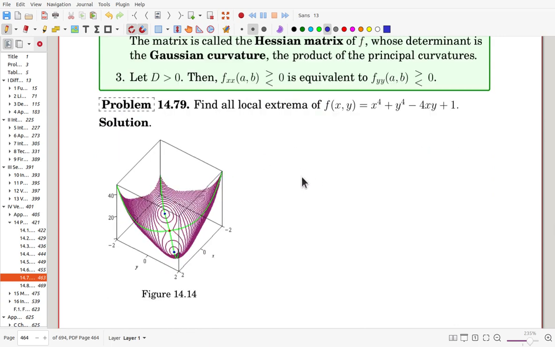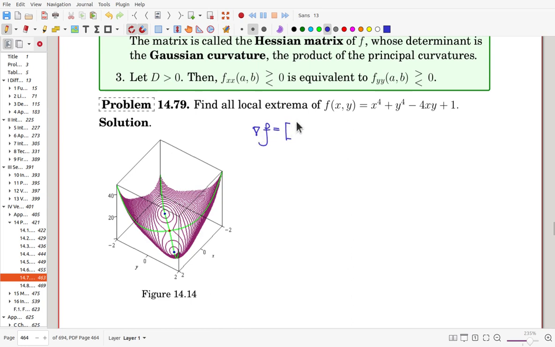Find all local extrema of the function. We have to find first the critical points. So we start with the gradient of f.